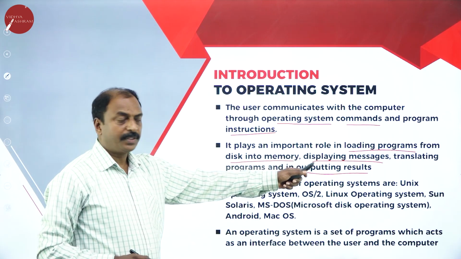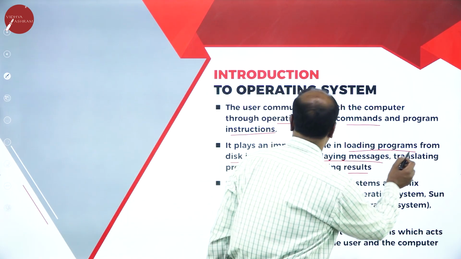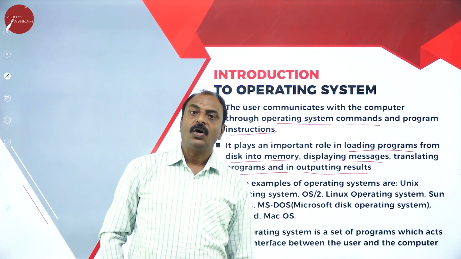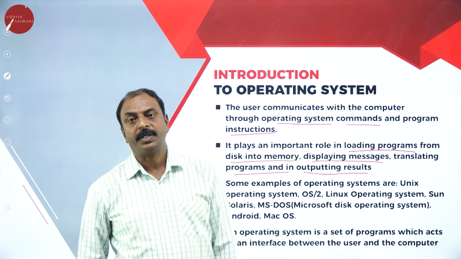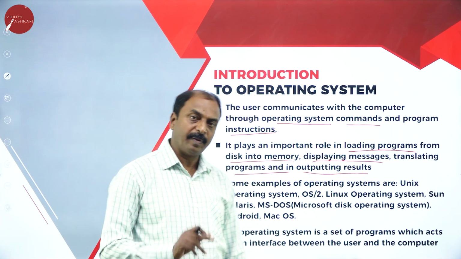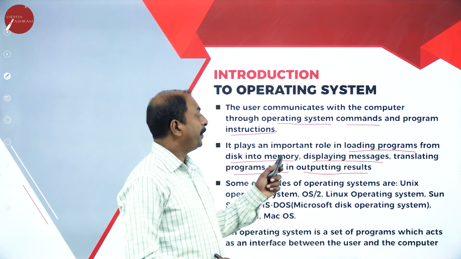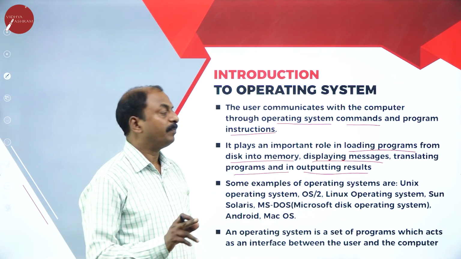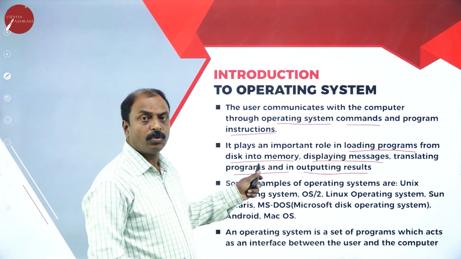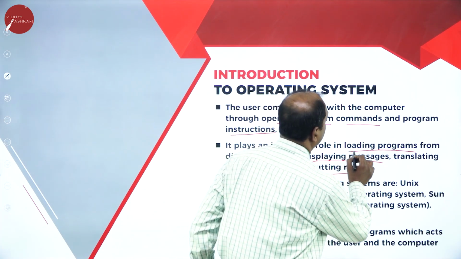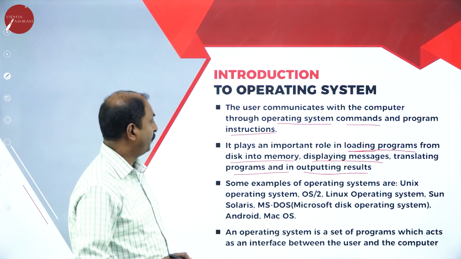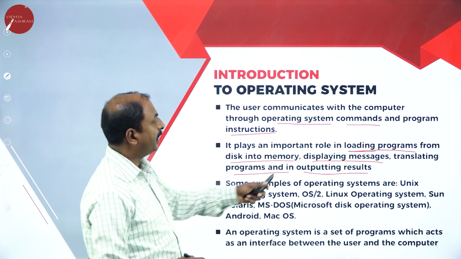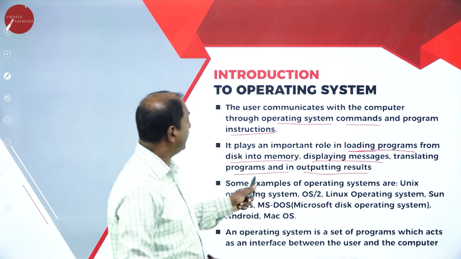What is the main role here? It helps us load programs from the disk into memory. Generally, all the software we load will be on the computer hard disk or memory. The operating system helps us load the software from computer memory so that we can execute the programs. Not only that, it also displays messages and translates programs.